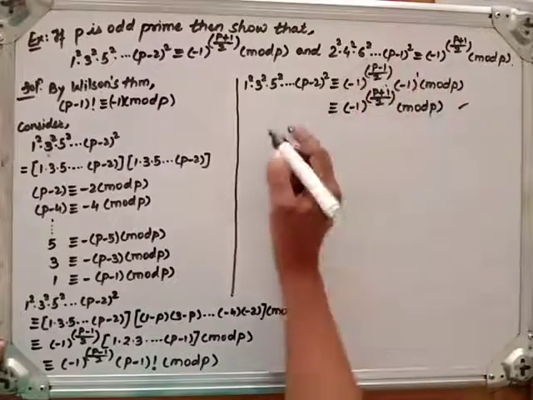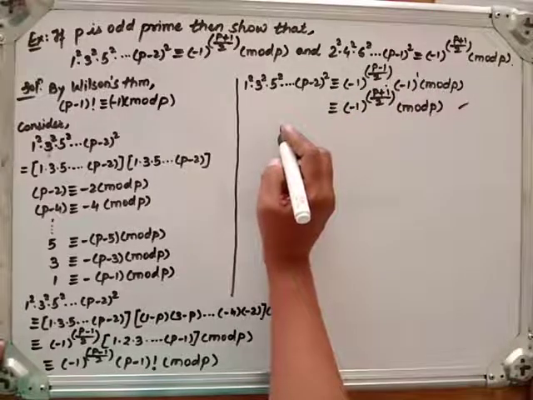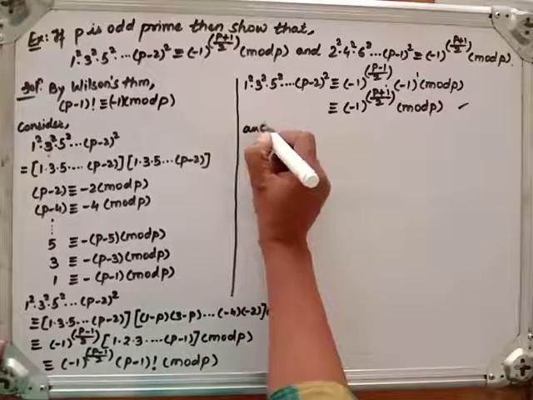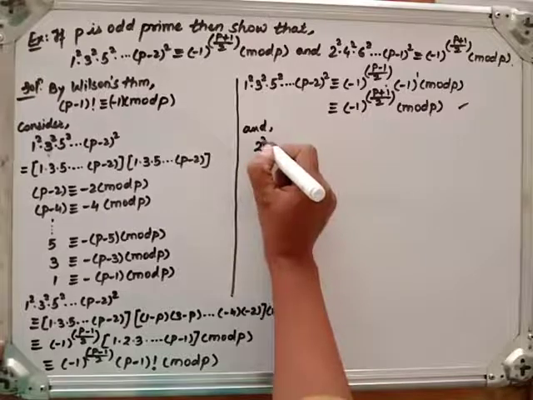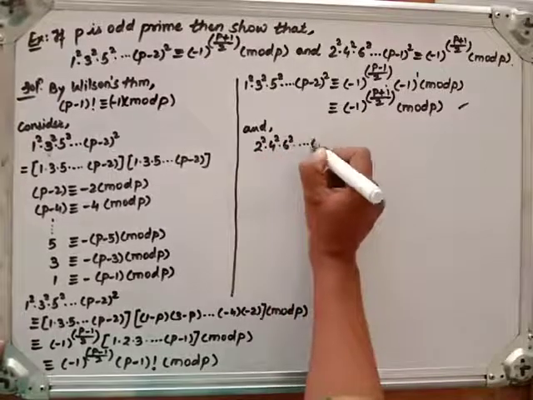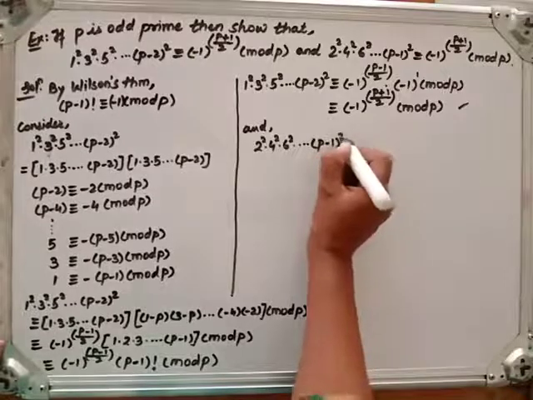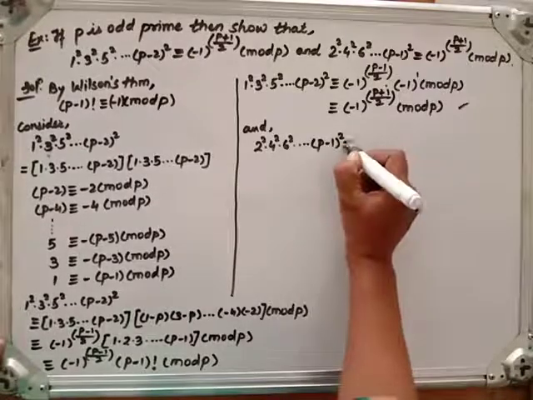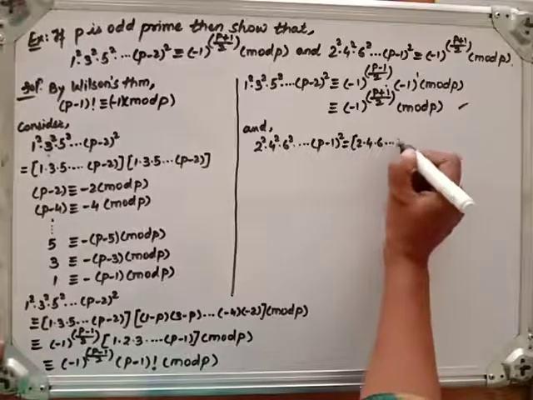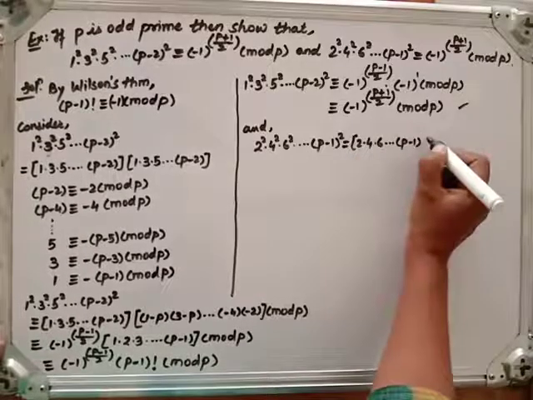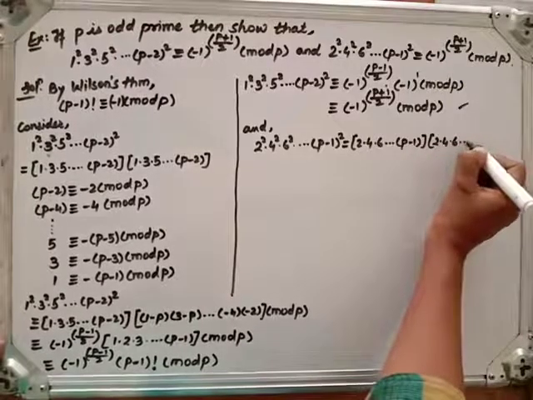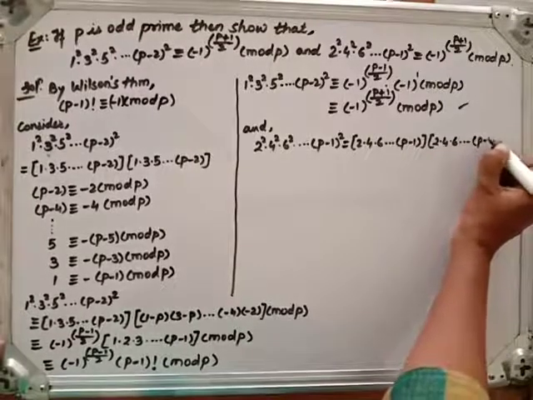Similarly, let's go for the second result. Now, second result, we can see 2 square, 4 square, 6 square and so on up to (p minus 1) square is equivalent to 2 into 4 into 6 so on up to (p minus 1), into 2 into 4 into 6 so on up to (p minus 1).